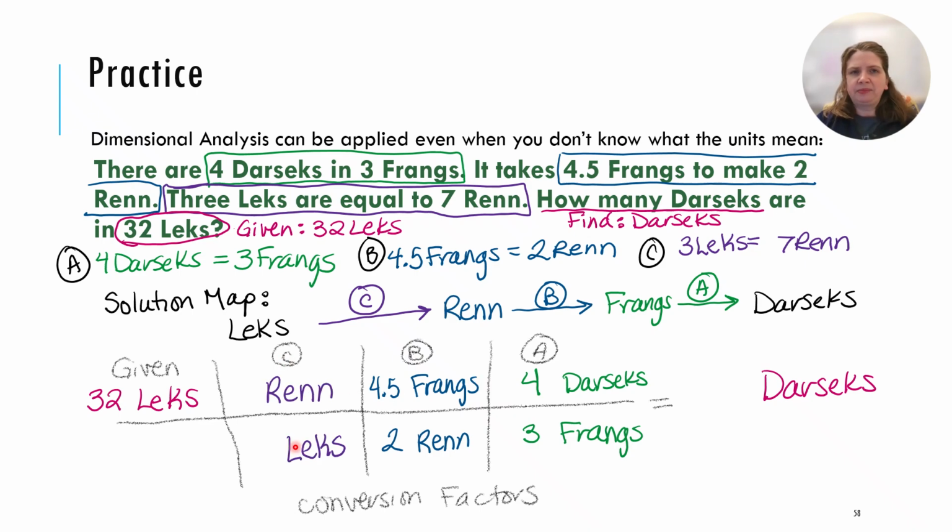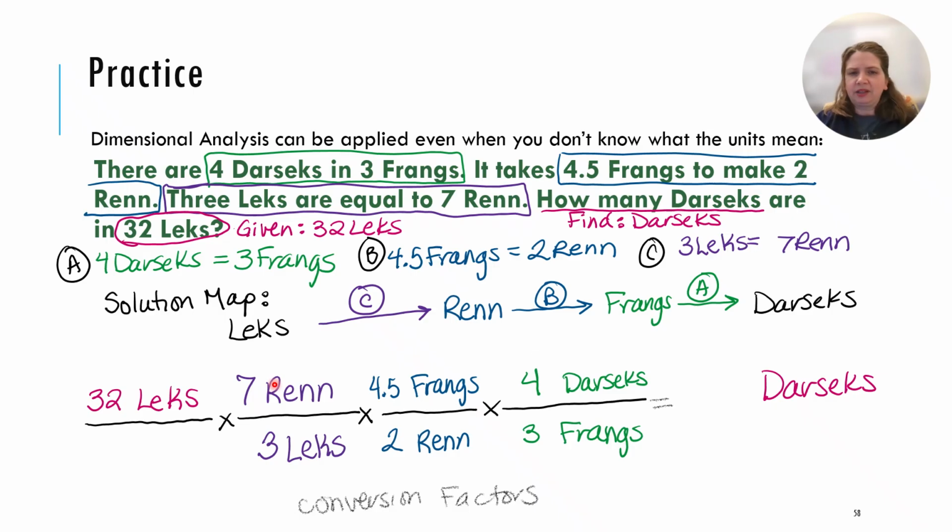We end up with 32 leks times 7 ren divided by 3 leks times 4.5 francs divided by 2 ren times 4 darsecs divided by 3 francs. Remember that the table just helps organize our numerators and denominators.